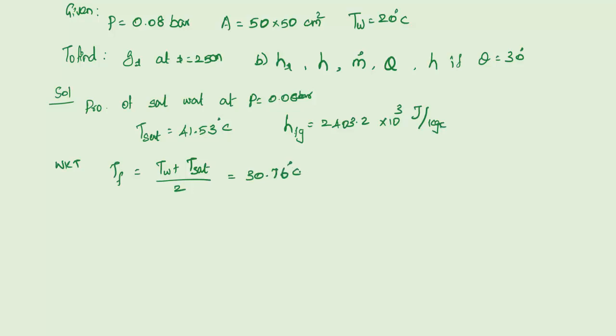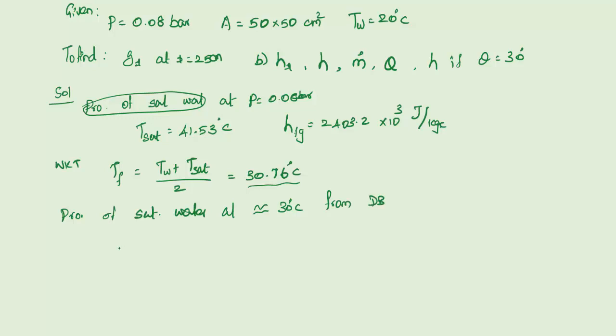Next thing, you have to take the properties of saturated water at approximately 30 degrees Celsius. Here it is not the properties at pressure equal to 0.08 bar, it is the properties of saturated water at approximately 30 degrees Celsius. From the data book, you have to take the values.